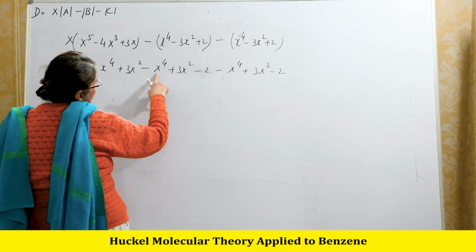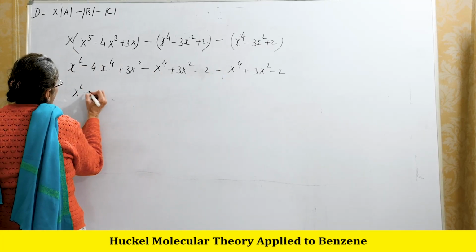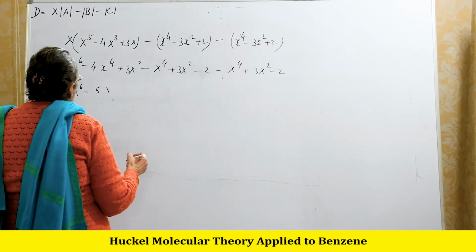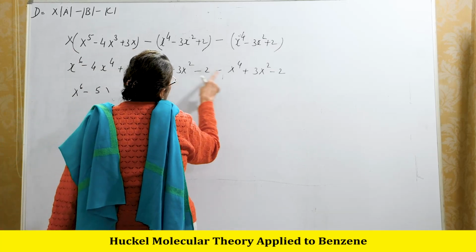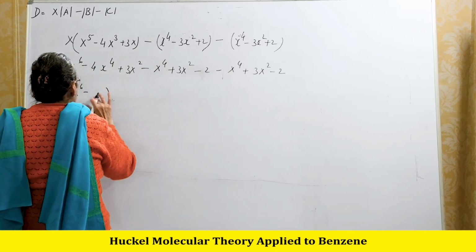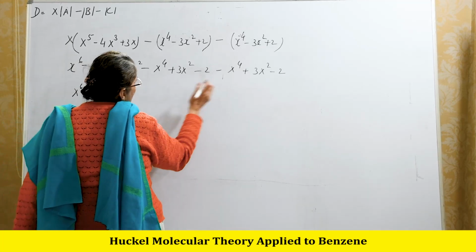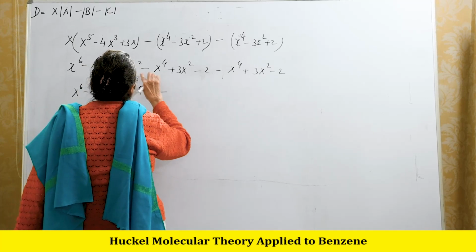4x4, x4 and x4: x6 minus 5x4, 4 and 5 and 6 minus 6x4, 3x square plus 9x square and minus 2.